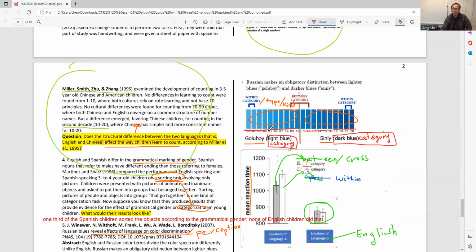All these different shades on the left side belong to the light blue category. So there are different shades within the same category, okay?